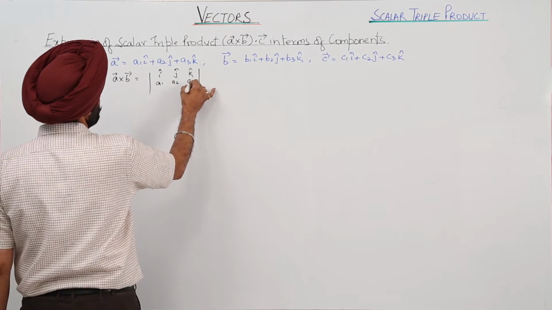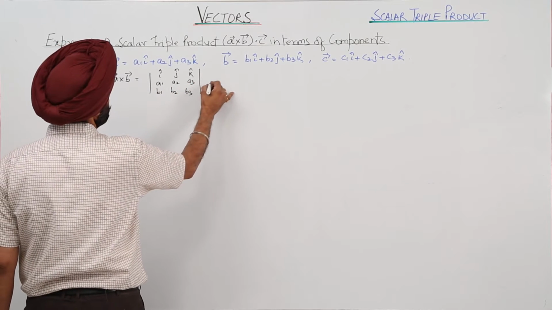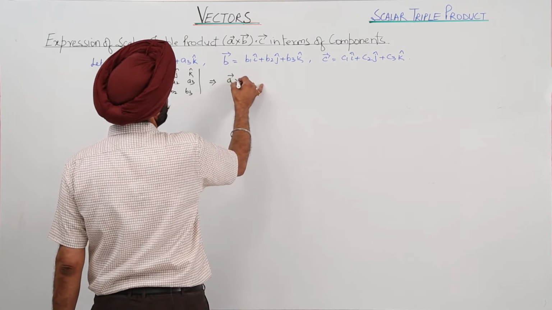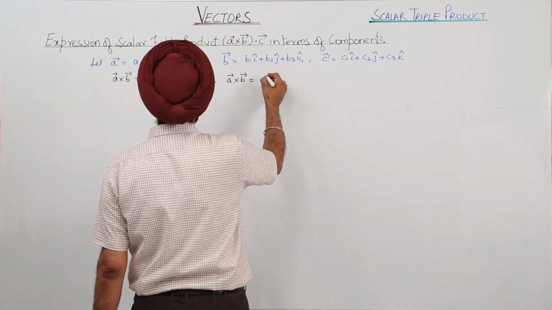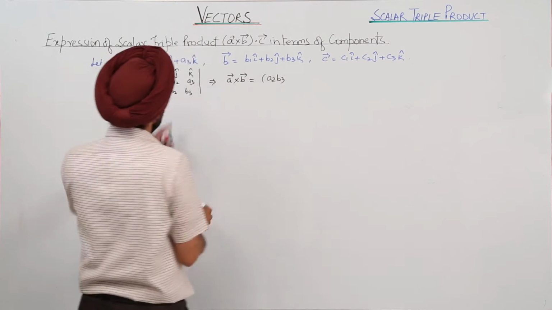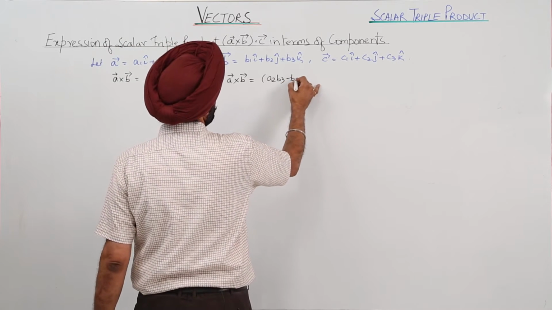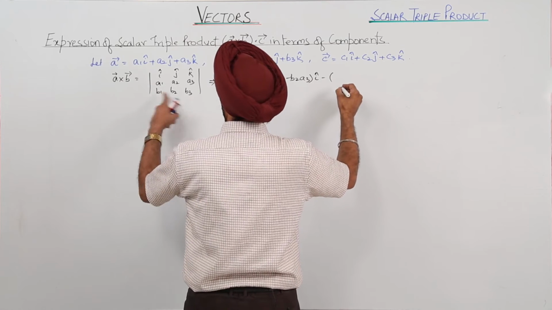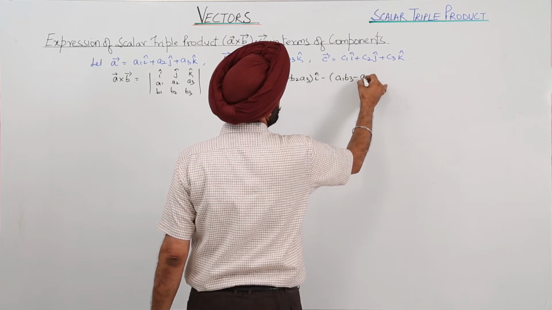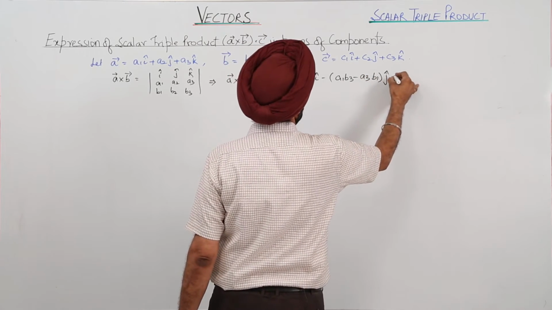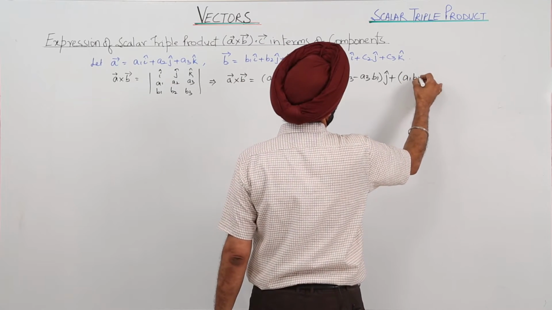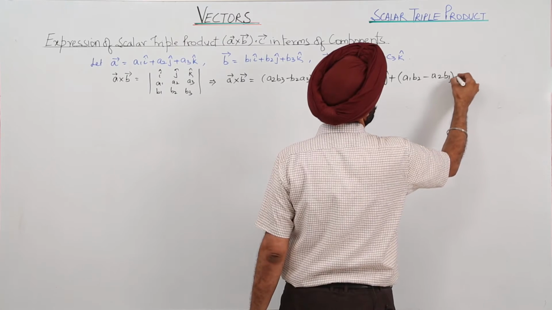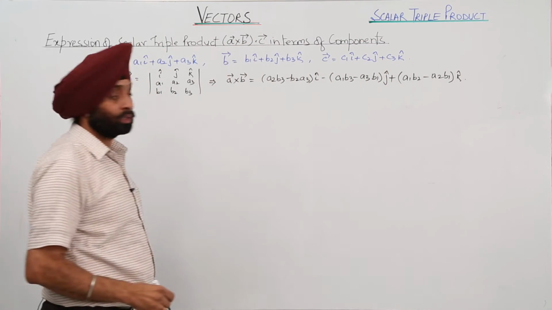Now this implies vector A cross vector B is equal to (A2 B3 minus B2 A3) i cap minus (A1 B3 minus A3 B1) j cap plus (A1 B2 minus A2 B1) k cap. So this is one of the results.